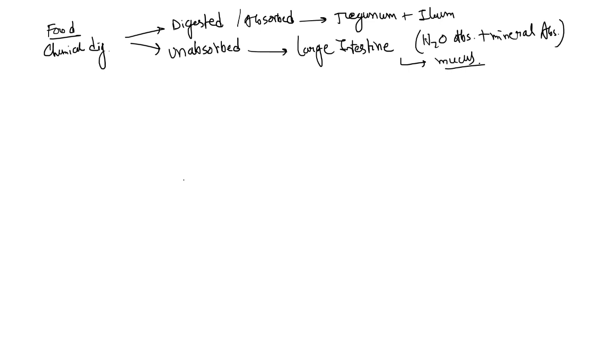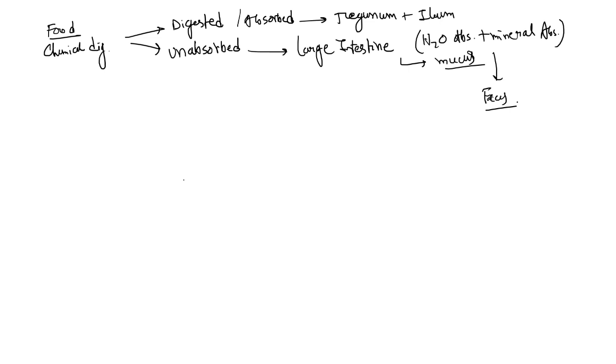Mucus is also required in the large intestine for peristalsis, the smooth movement of the undigested material. The peristalsis process involves continuous muscle contraction and relaxation. So this undigested and unabsorbed food at the end will form what? Feces.